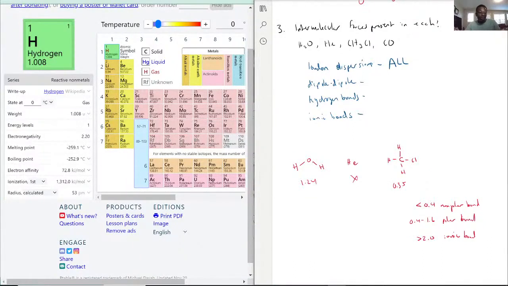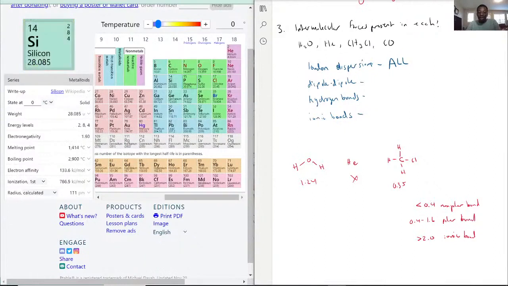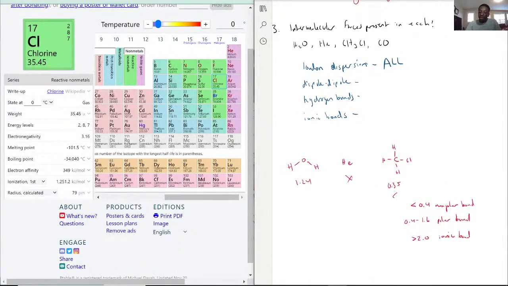But carbon and chlorine: chlorine has an electronegativity of 3.16, and carbon has 2.55. So that's a 0.61 difference, which in these numbers is significant, because carbon and chlorine exert enough to actually form a dipole-dipole bond.